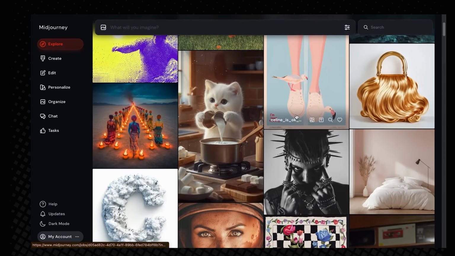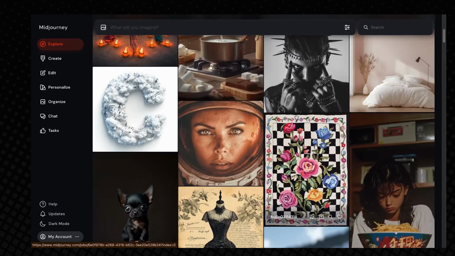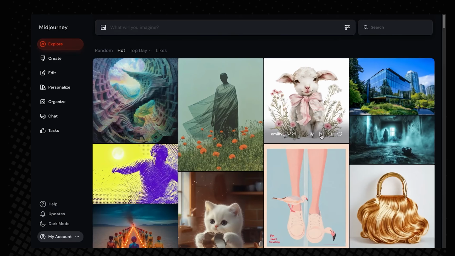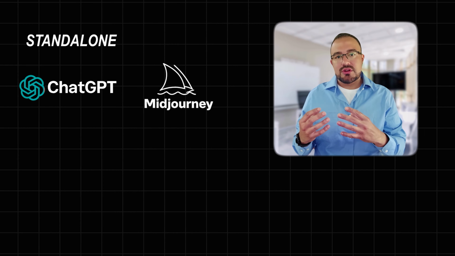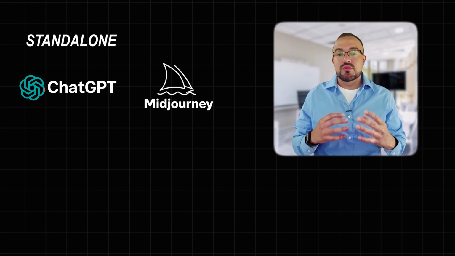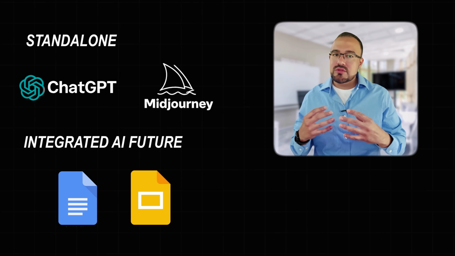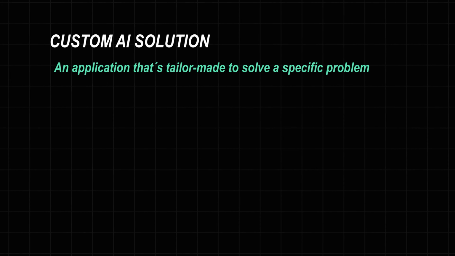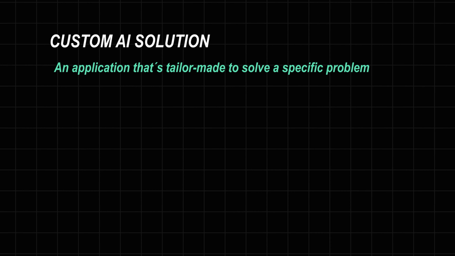Another example would be if I can either use Midjourney as a standalone tool to generate images for presentations, or I can create an image directly within Google Slides by using, again, Gemini for Workspace. In these instances, ChatGPT and Midjourney are standalone AI tools, and Docs, Google Slides, and Google Sheets are tools with integrated AI features.